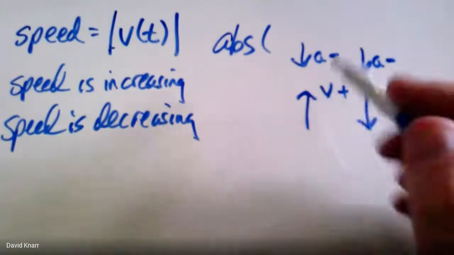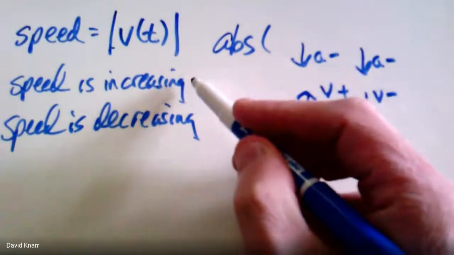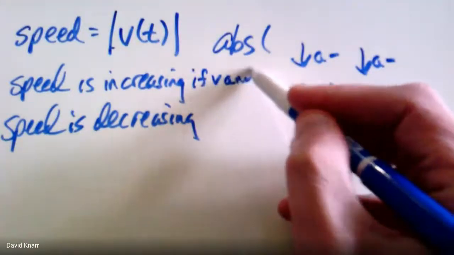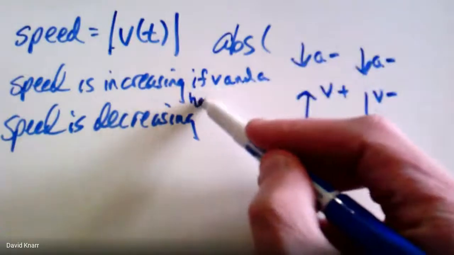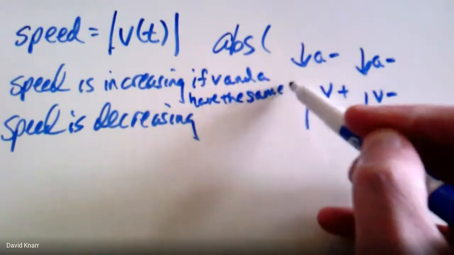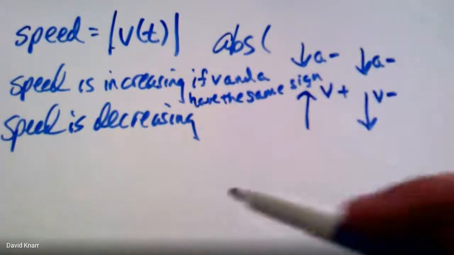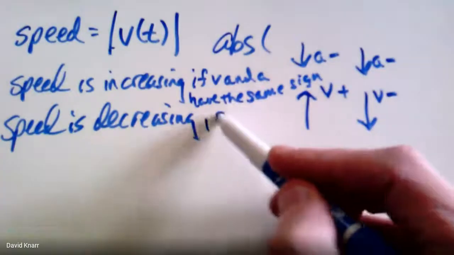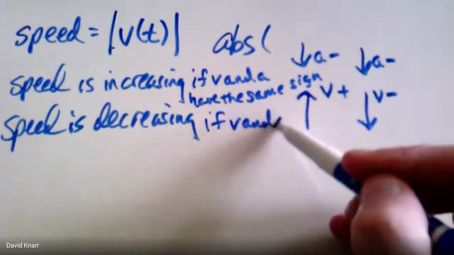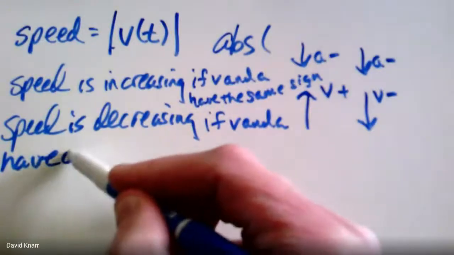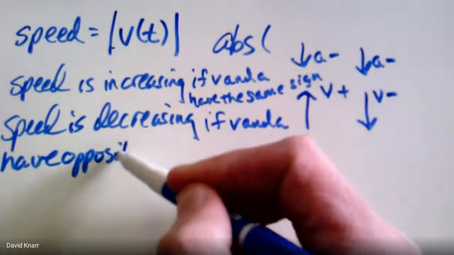So we can say speed is increasing if V and A have the same sign. Speed is decreasing if V and A have opposite signs.